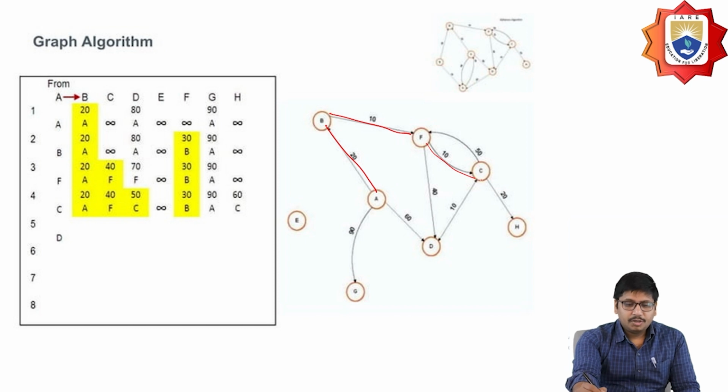From C it should be 20, and C to F 40, and then C to D it should be 50 here I'm getting, and C to F it should be 30, and C to G it should be 90 here, and C to H it should be 20.